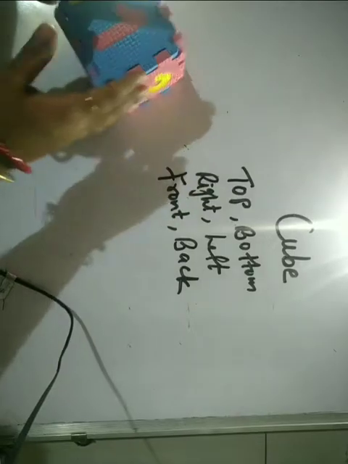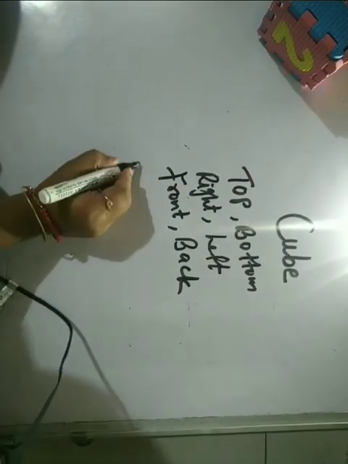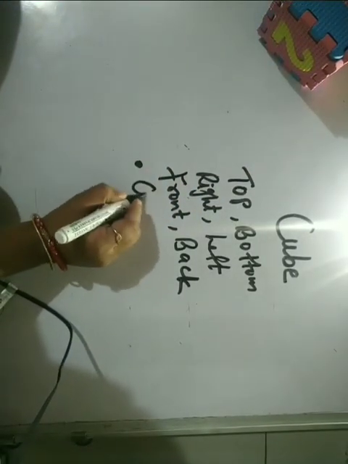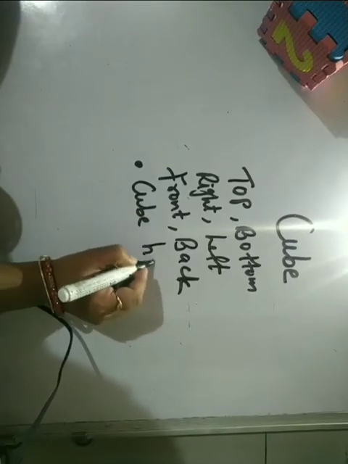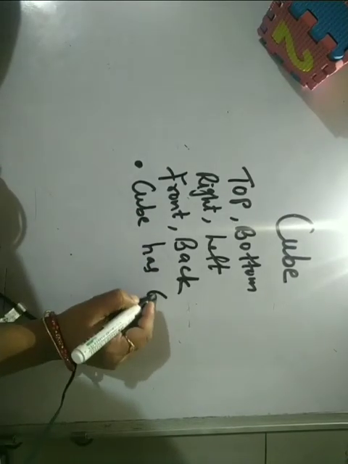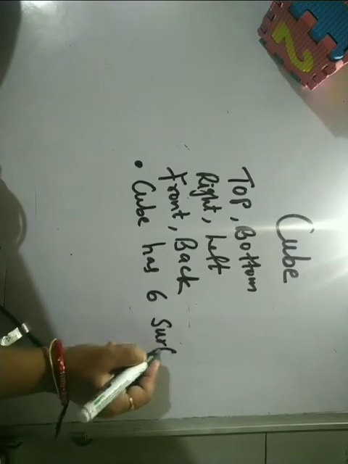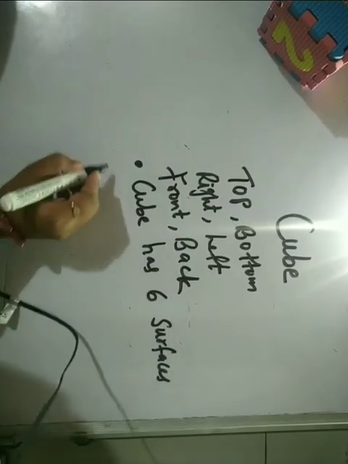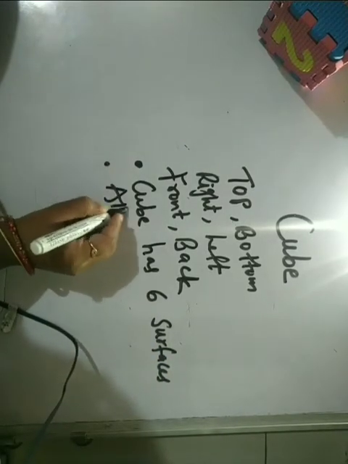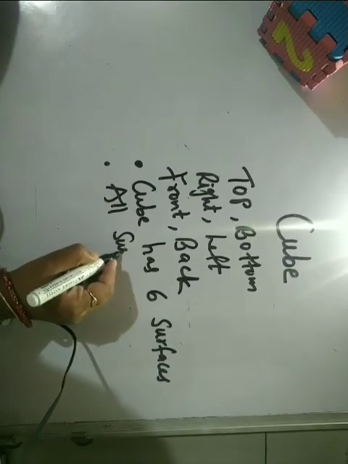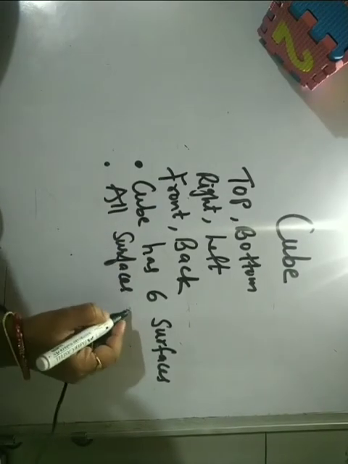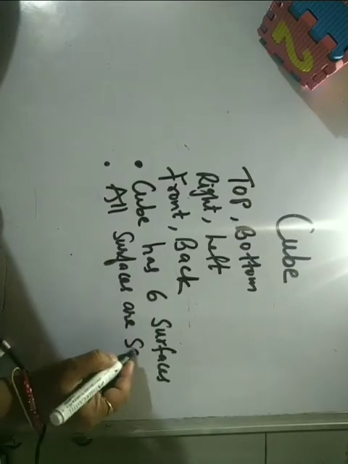Okay, so if you are discussing its properties, first, we have seen how many surfaces it has? 6 surfaces. Okay, and all surfaces are square in shape.